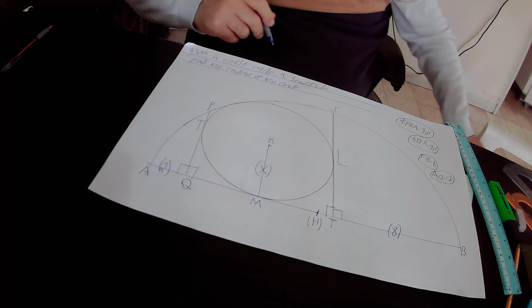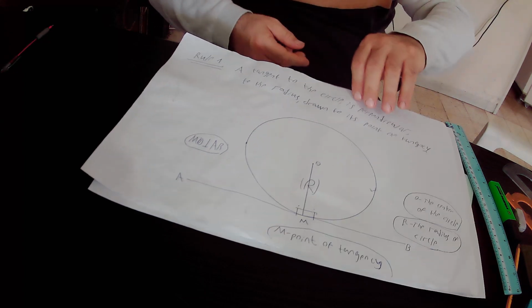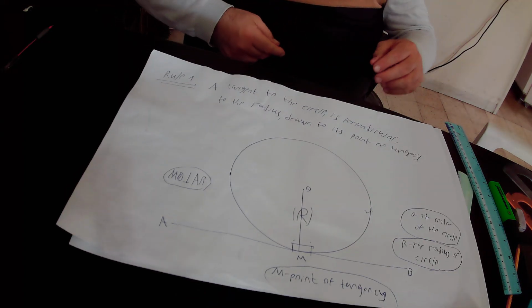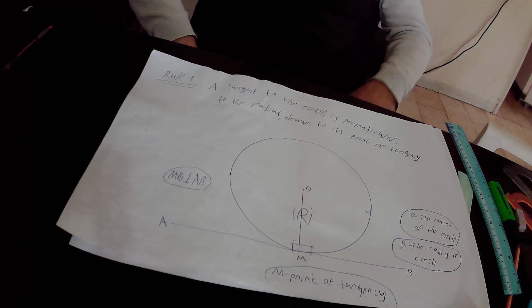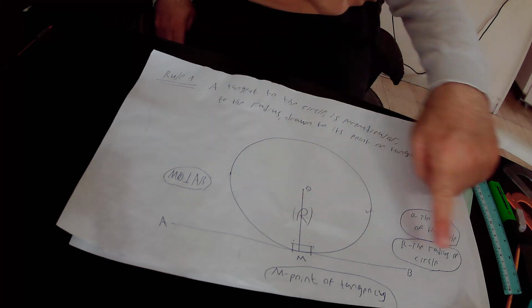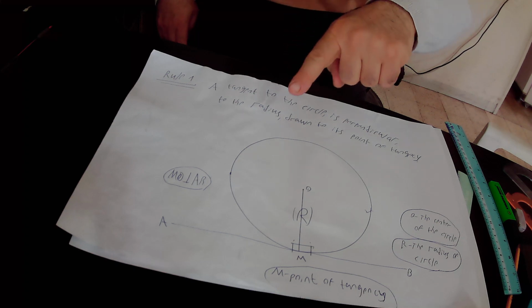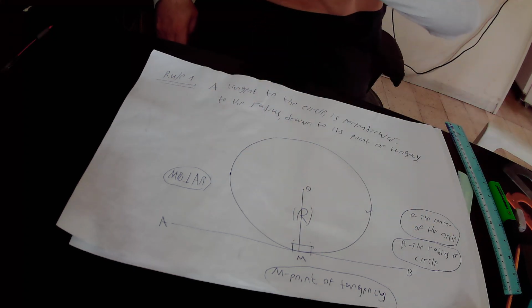Here we can implement rule 1. According to rule 1, the tangent to the circle is perpendicular to the radius drawn to its point of tangency. So in the drawing we have a circle and we have tangent AB, that is tangent to this circle at point M. Point M is the point of tangency of tangent AB with this circle.